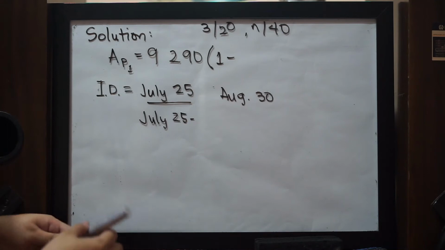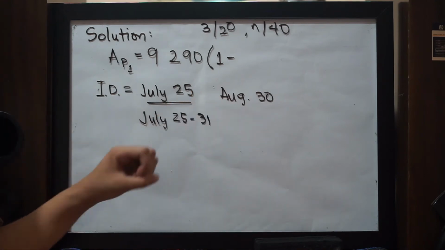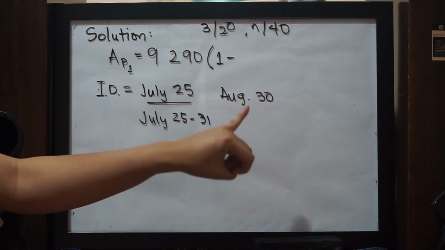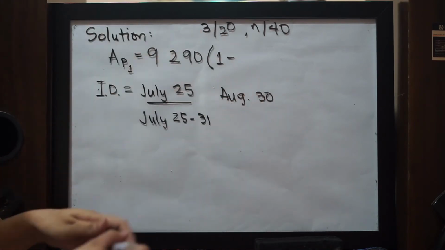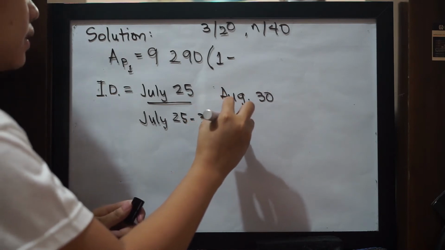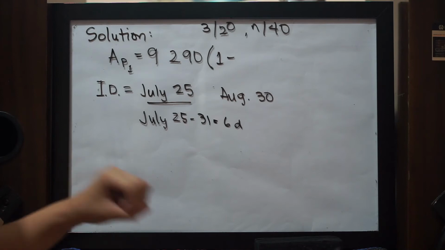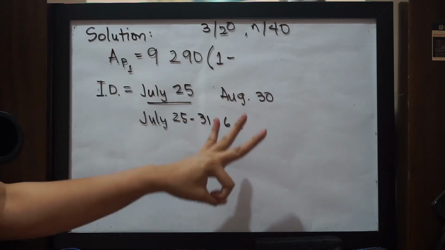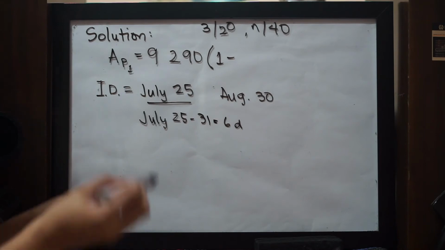Meaning to say, yung July natin ay may 31. So, from July 25 to 31, let's count how many days. 26, 27, 28, 29, 30, 31. So, we have 6 days.